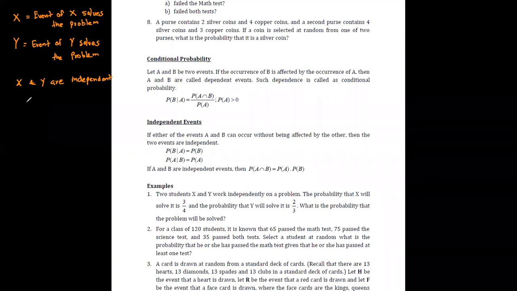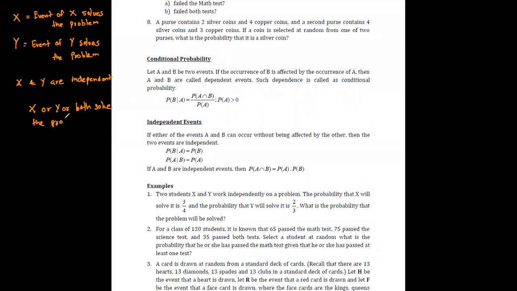Therefore, we can write it prior to discussing the probability. I will write the event that X or Y or both solve the problem is what we need to identify.